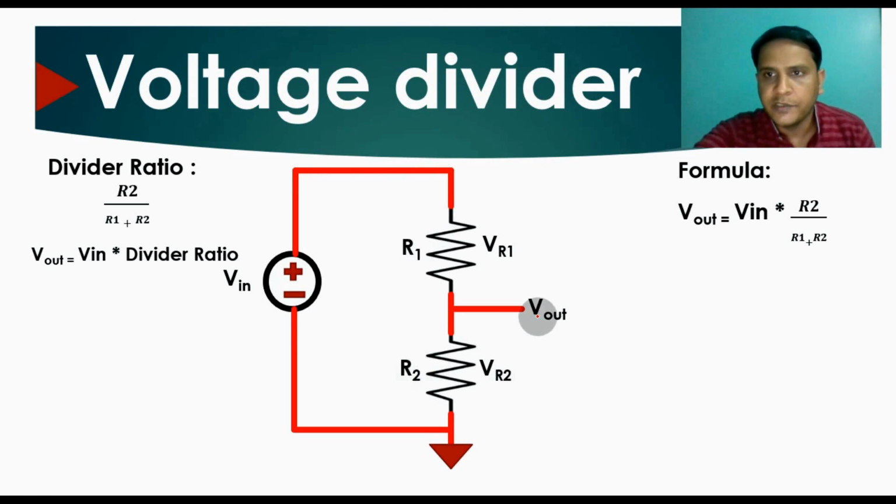If you want to consider the individual voltages across resistors R1 and R2, the voltage across resistance R1 equals VR1 and the voltage across resistance R2 equals VR2.